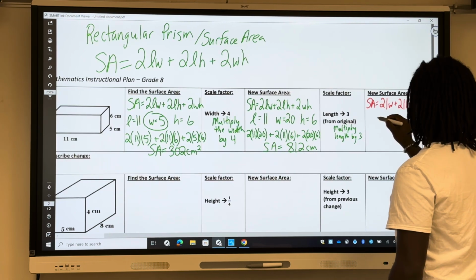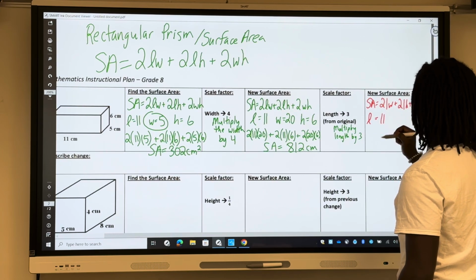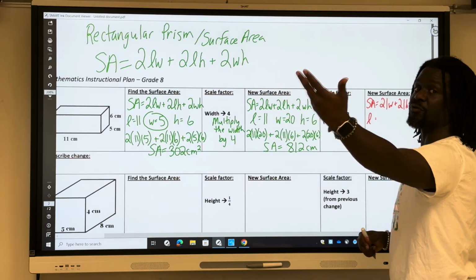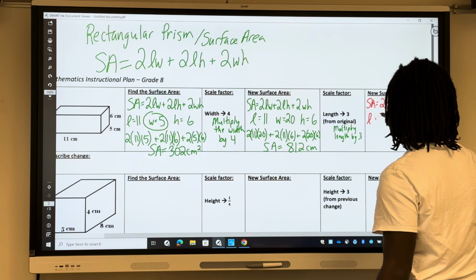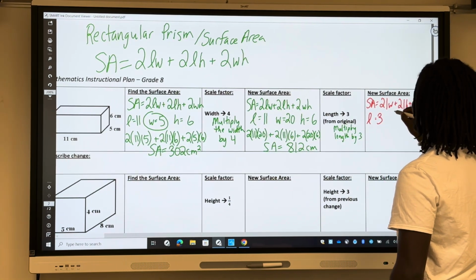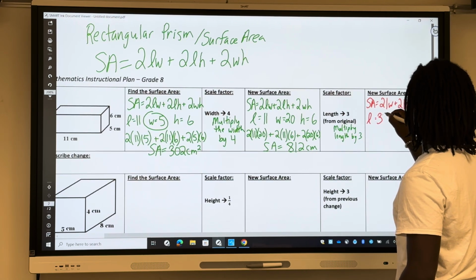The length is, again, being increased by 3. Okay, so I'm multiplying the length by 3, then that should be 33.